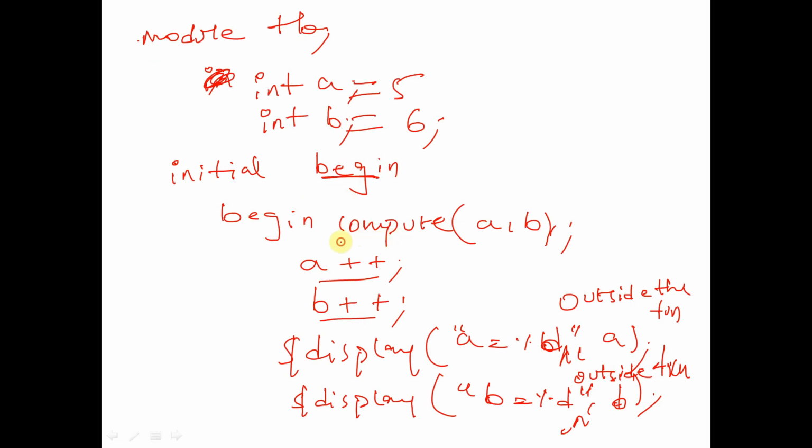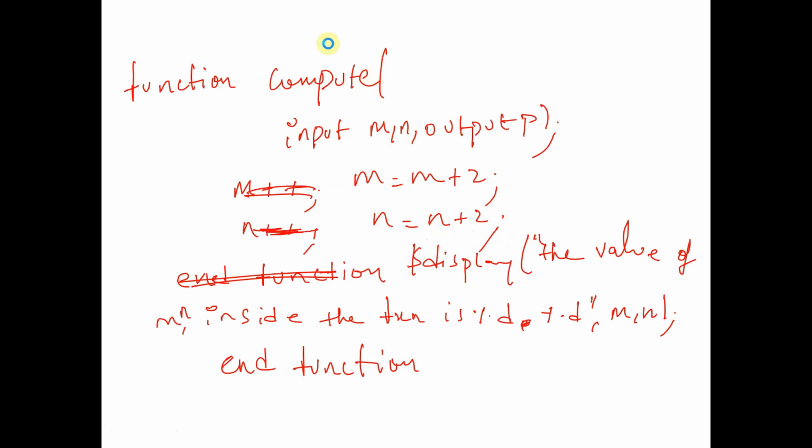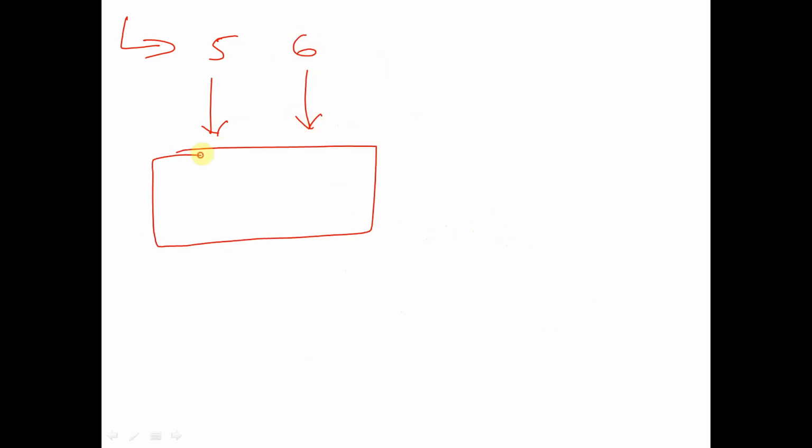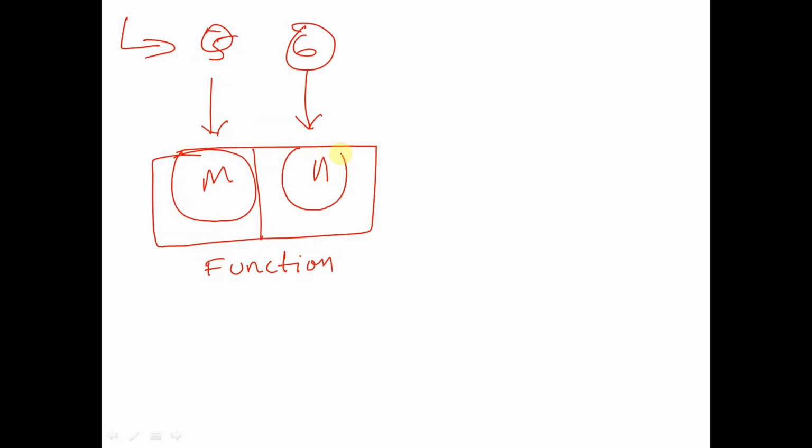First I am calling the function called compute, and I am passing the values of a comma b, which is 5 comma 6. This is my function. What happens internally: the function will store the values of 5 comma 6 into some local storage which is allocated for m and n. So the value of m will be equal to 5 and the value of n will be equal to 6.